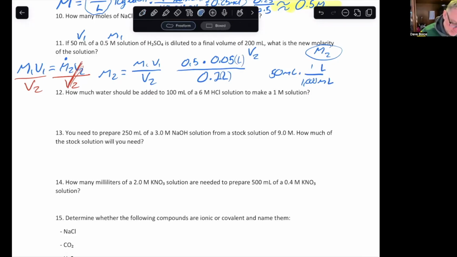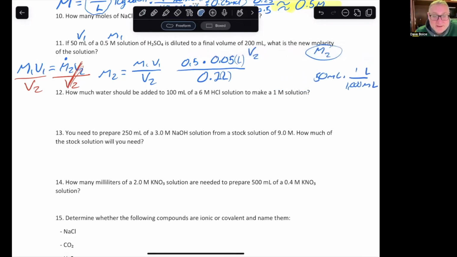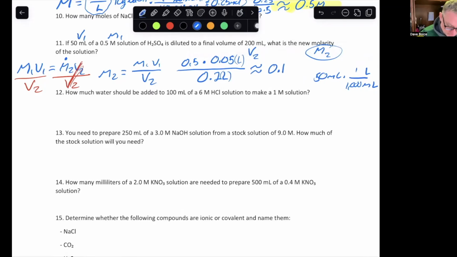Okay, and in my calculator, if I put together 0.5 times 0.05, divide that by 0.2, then I am going to end up with roughly 0.1 to 0.2 molar. So if your answer is between 0.1 and 0.2, congratulations, you were correct.